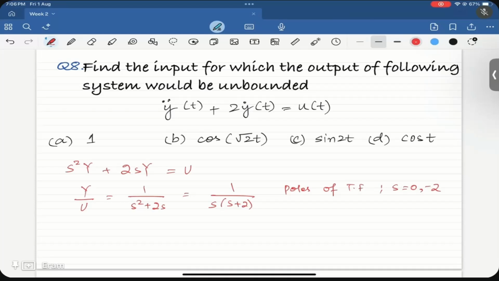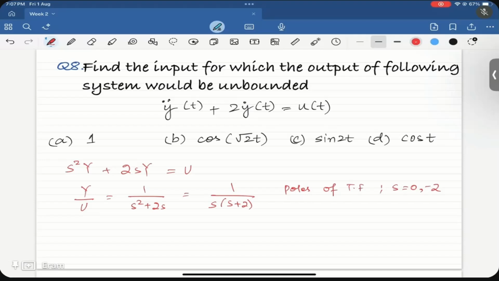And we need to identify the input that would make the system unbounded. So using the same logic that we used for our previous question, what can we do in this question? Square of denominator.